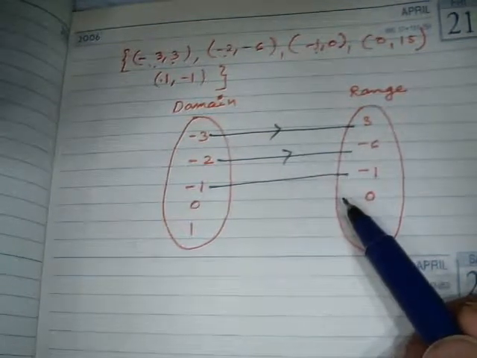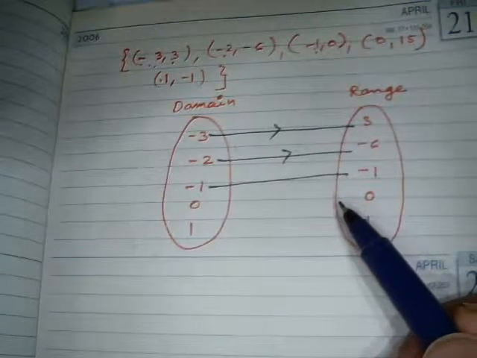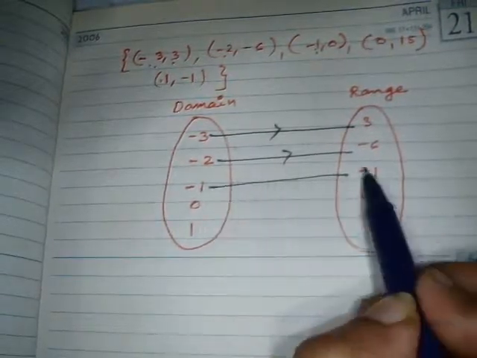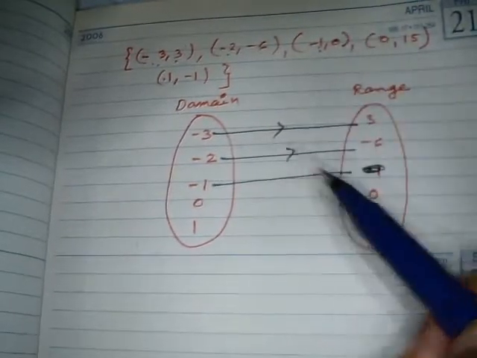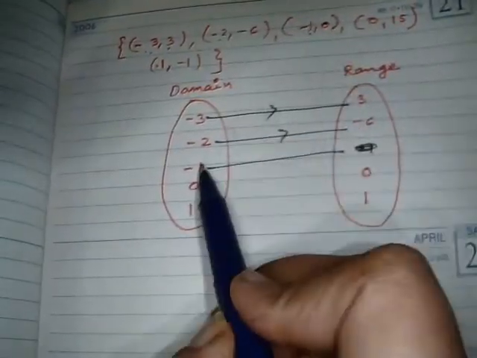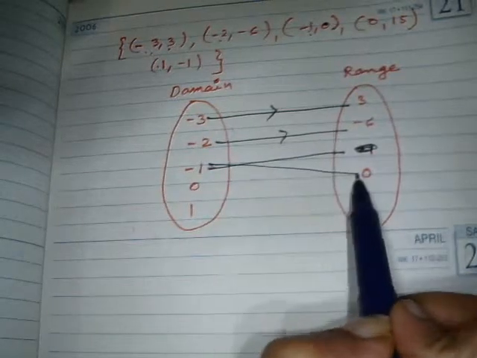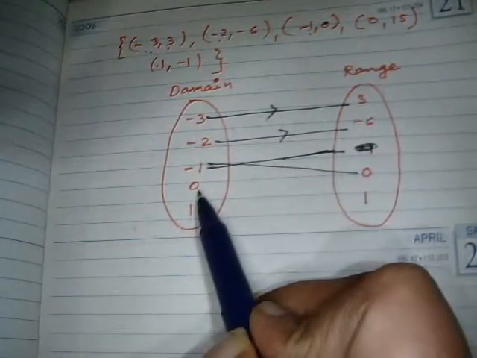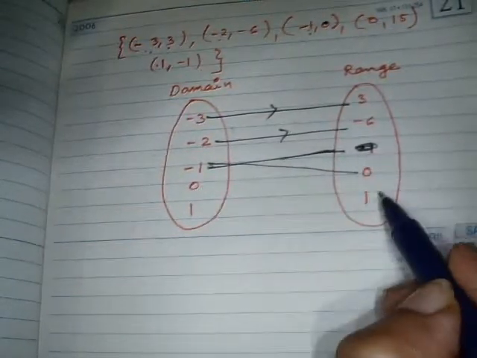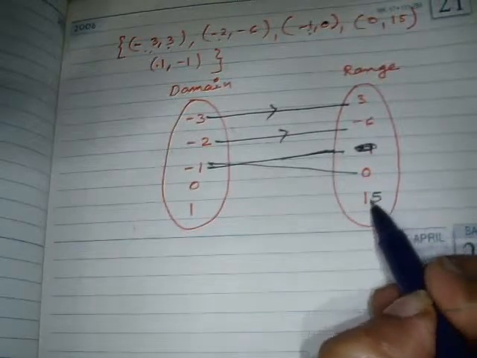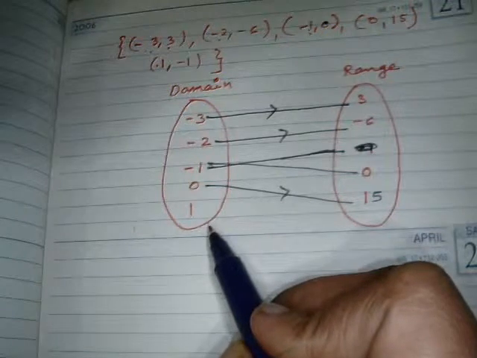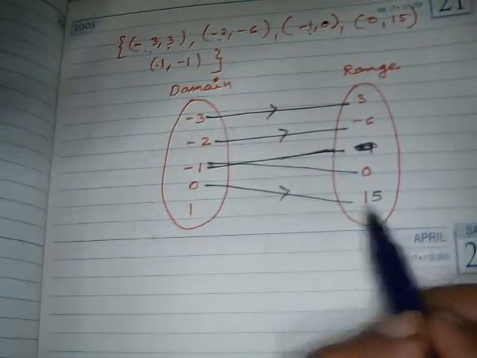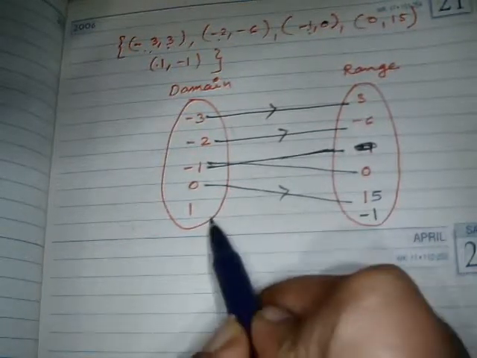Then 0 is having 15. And then 1 is having negative 1. That's it.